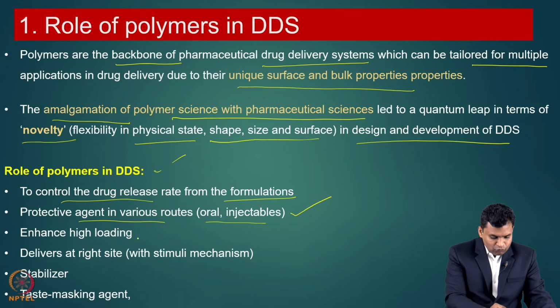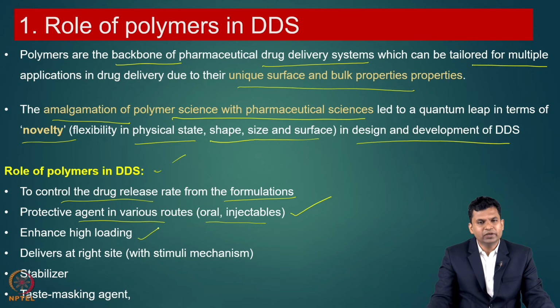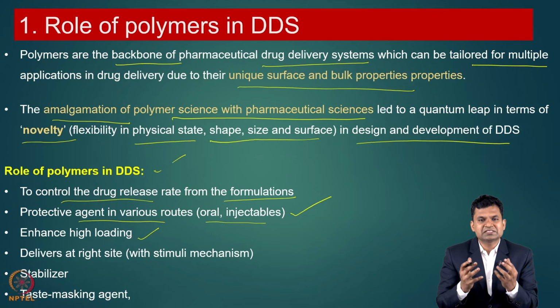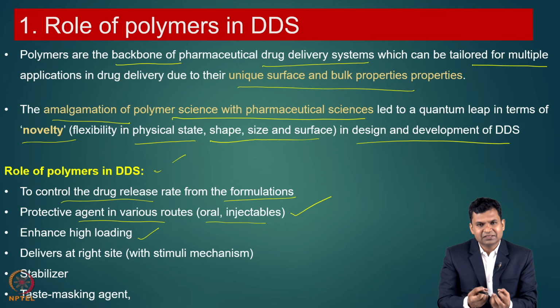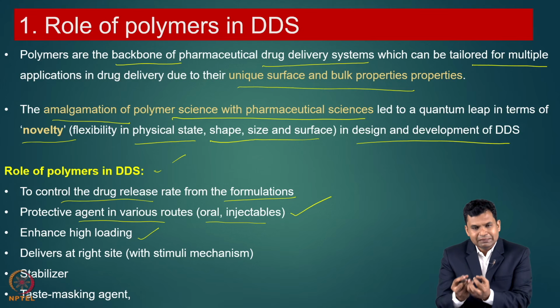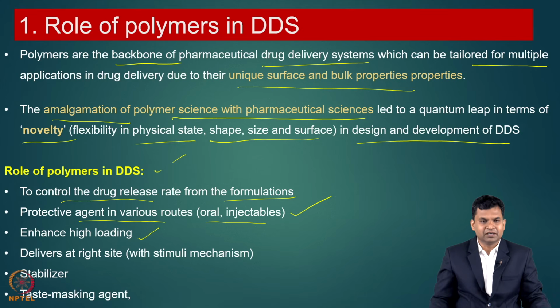We can also improve the loading compared with conventional formulations. By using polymers, we can enhance the drug loading and increase the bioavailability of the active molecules in the body.